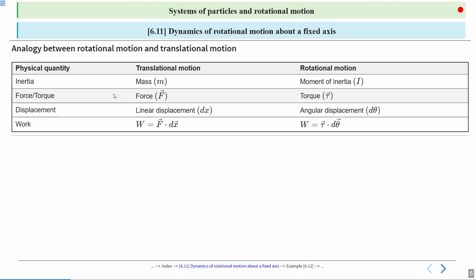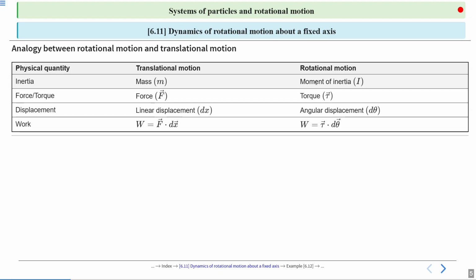First, inertia. In translational motion, inertia is represented by mass. It tells us how much a body resists change in its linear motion.